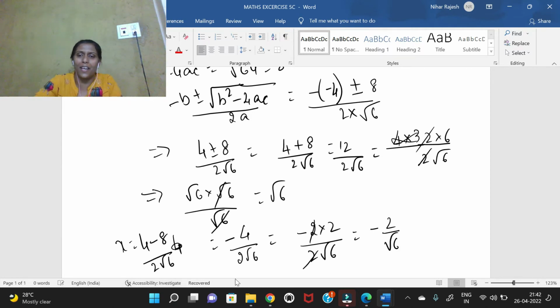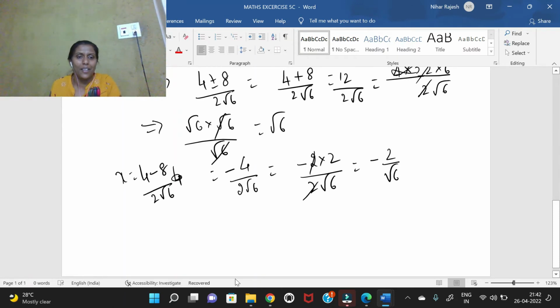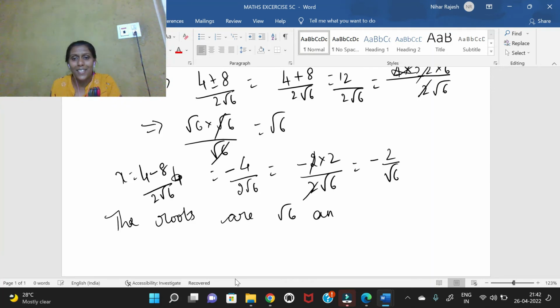That's the answer. Therefore, now you can write down the roots are root 6 and minus 2 by root 6. Got it? This was a very nice equation we got and very nice answer also we got.